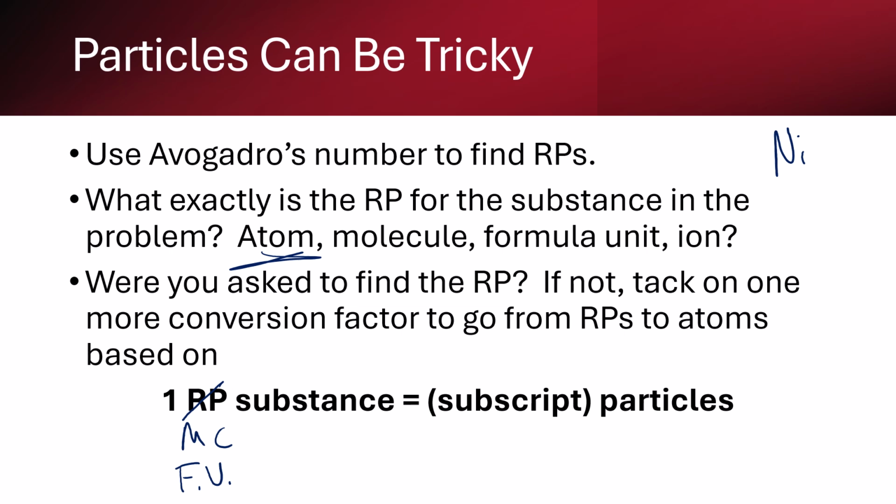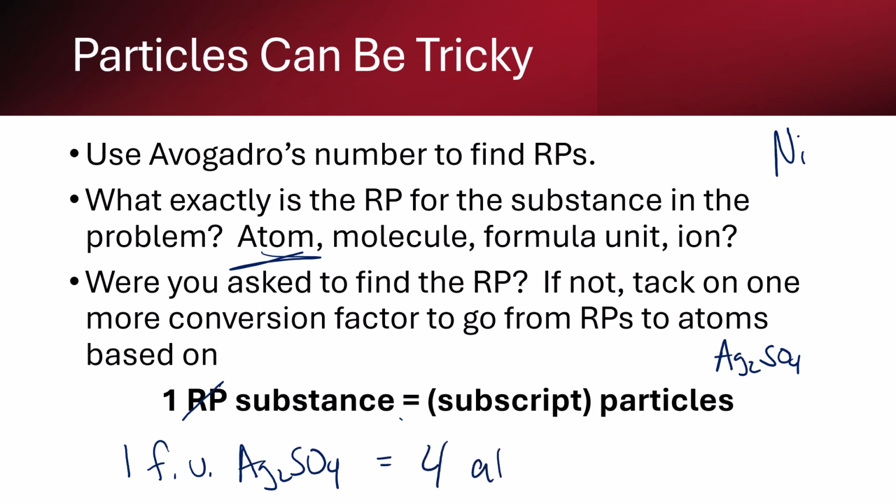So previously, if I had Ag2SO4 and I wanted to focus on the oxygen, that's why we came up with this: one formula unit of Ag2SO4 is equal to 4 atoms of oxygen. So that is the exact equivalent that we came up with. This is a very helpful broad umbrella term for how we can do that in future problems.